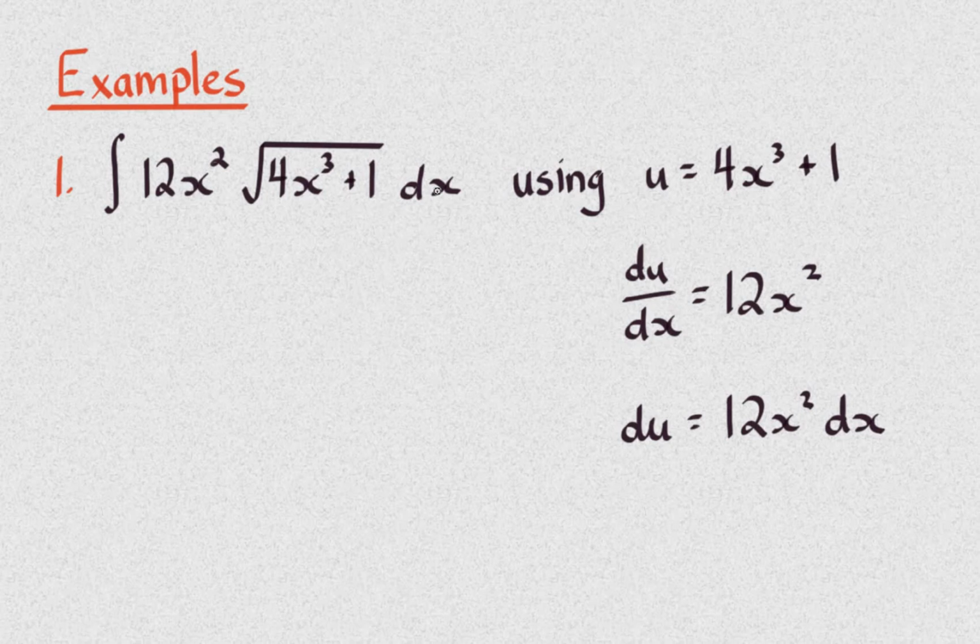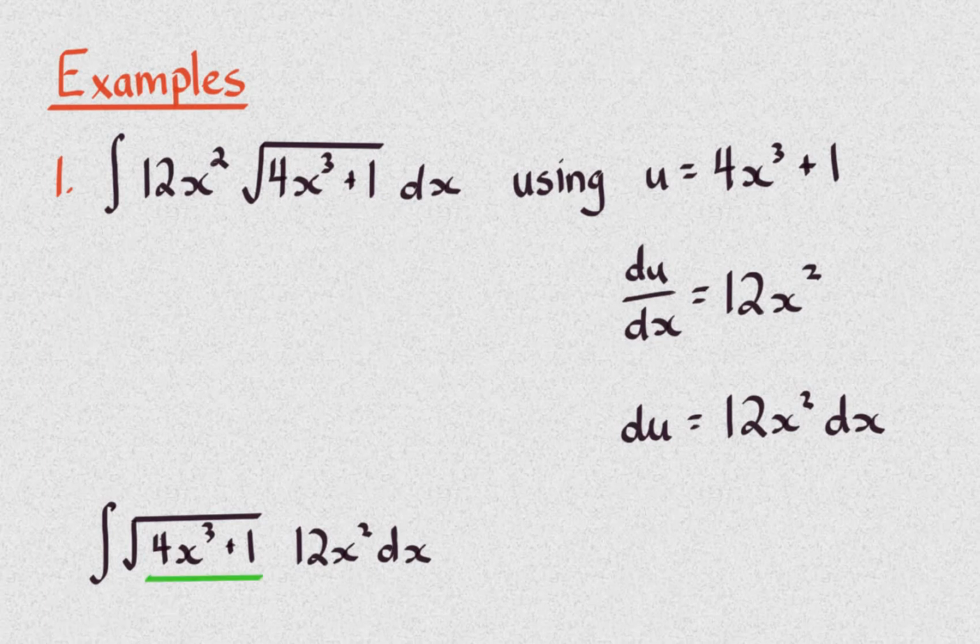If we look back at our original integral, we can see there is a 12x squared here and a dx here. So rewriting our original integral like this, we can clearly see that 4x cubed plus 1 will be replaced by u, and the 12x squared dx will be replaced with du.